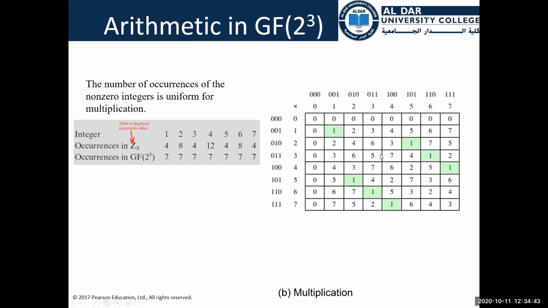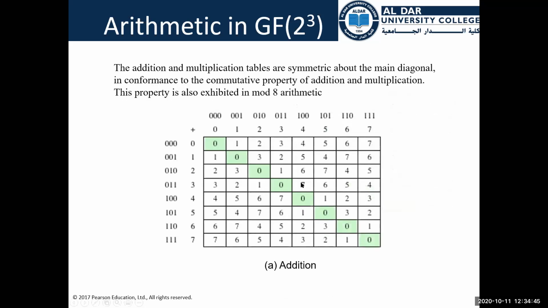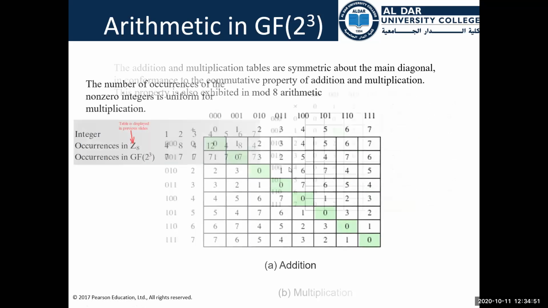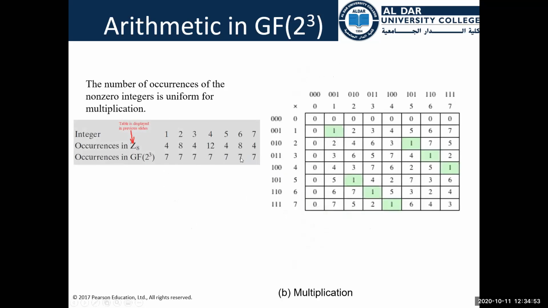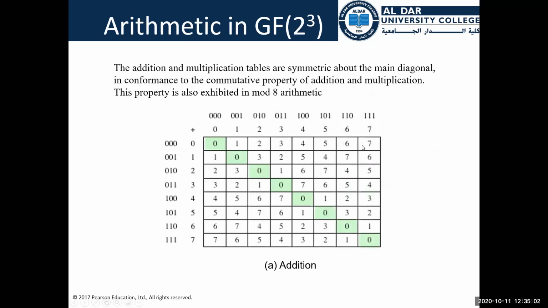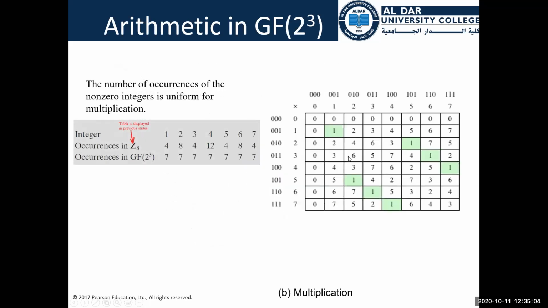If you count how many 7s, how many 4s, how many 3s, how many 2s, how many 1s, here and there, you will find all of them 7. So this is just a characteristic of GF of 2 to the power 3. Returning back to the XOR operation, addition, and the multiplication, let's talk about the multiplication a little bit because it needs some understanding.